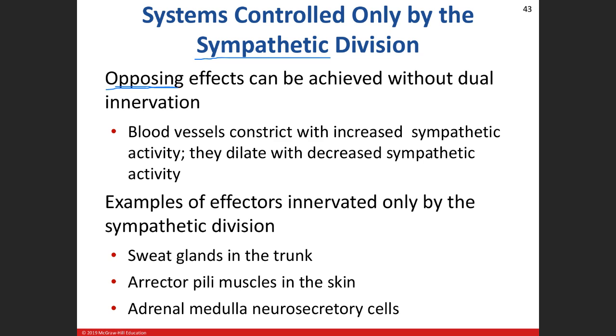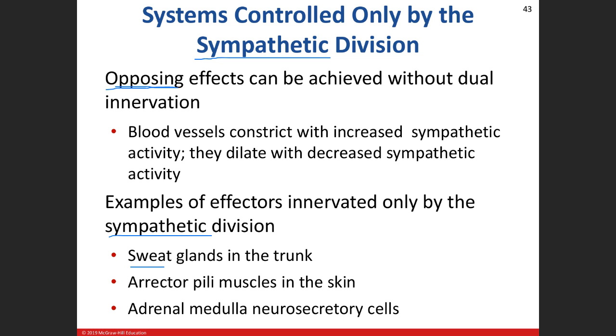A couple of other structures can have opposing effects with just one division, the sympathetic. Sweating: if you don't want to sweat, don't activate the sympathetic nervous system. If you want to sweat in the trunk, stimulate the sympathetic nervous system. That'll stimulate the glands to sweat in your trunk area. Also goosebumps: the erector pili muscles are affected by the sympathetic nervous system.